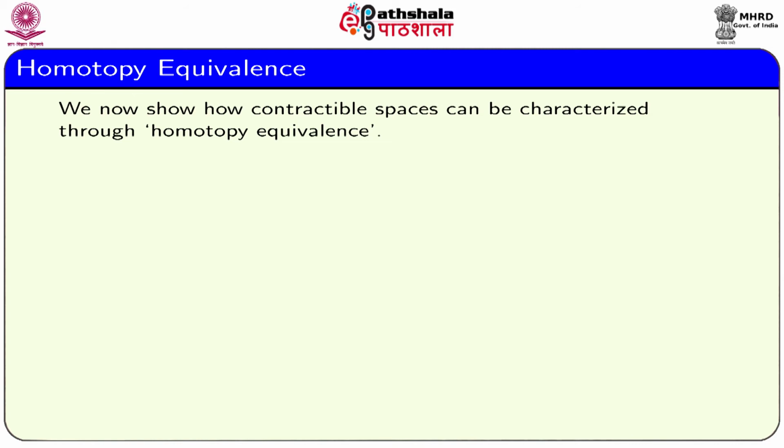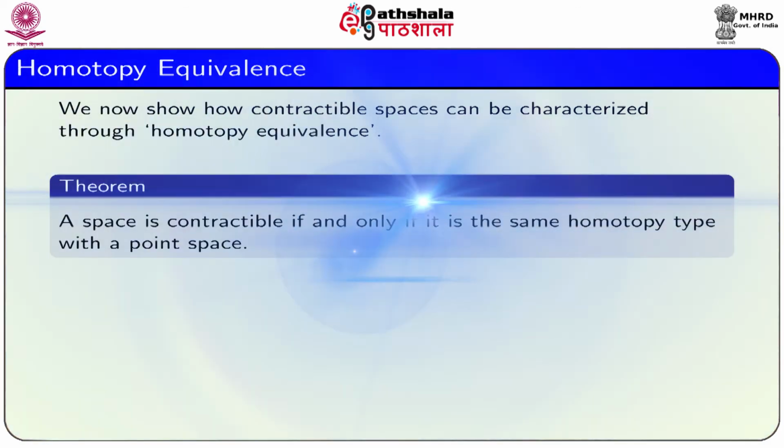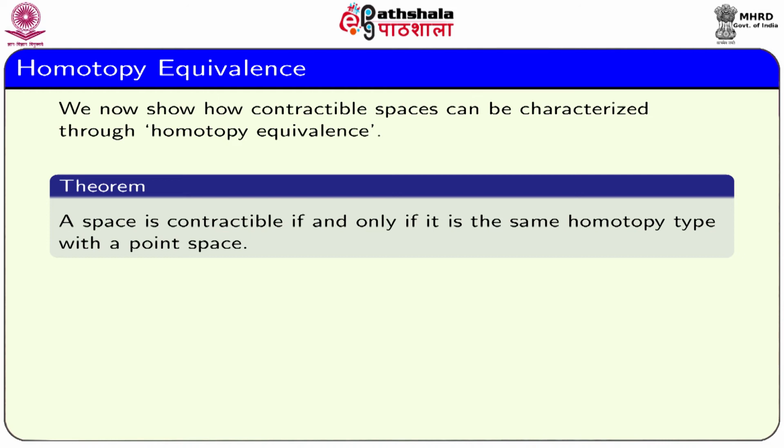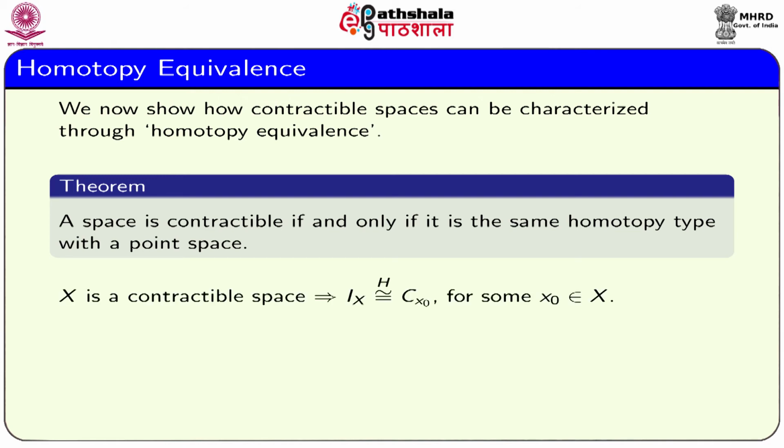We now show how contractible spaces can be characterized through homotopy equivalence. A space is contractible if and only if it is of the same homotopy type as a point space. Now, what do we mean by same homotopy type?